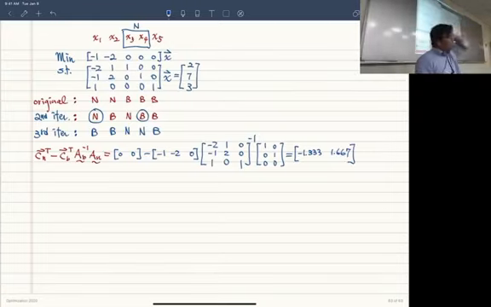So it seems like we still have a negative value here. So we need to choose the most negative one, which is this one. And what does it represent? This is x3 and this is x4.